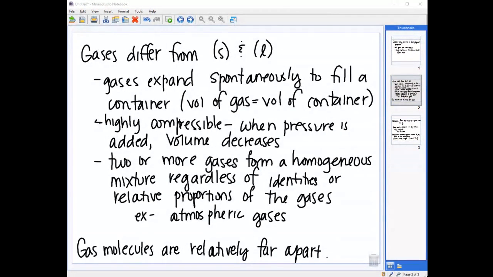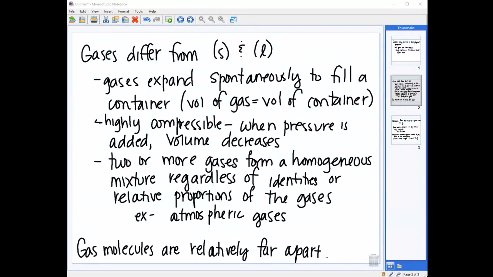Now, if we look at how gases differ from solids and liquids, the first thing that we have to look at is that gases expand. When we put gases into a container, whatever that container is, the gases will expand to completely fill the container.